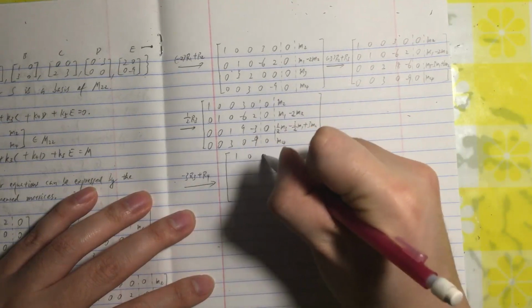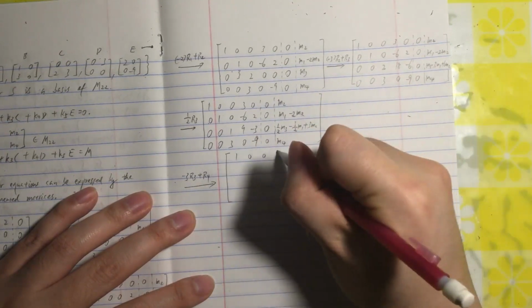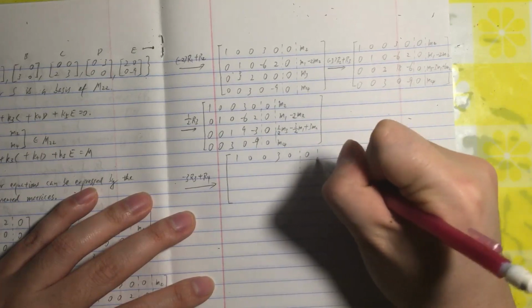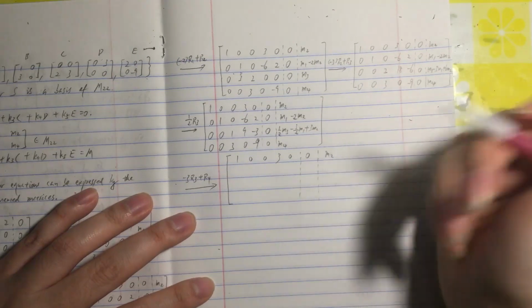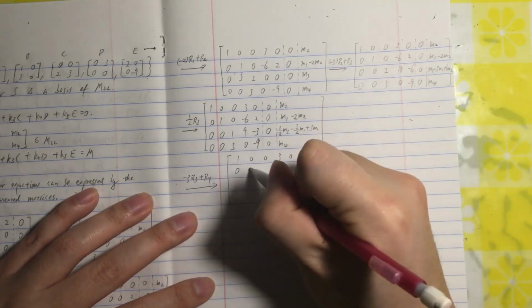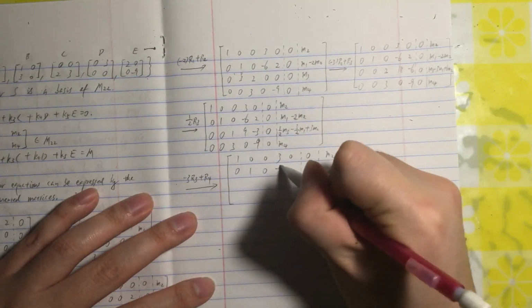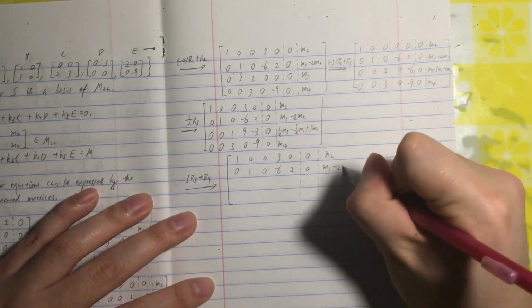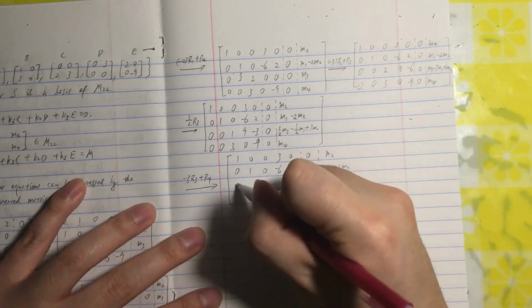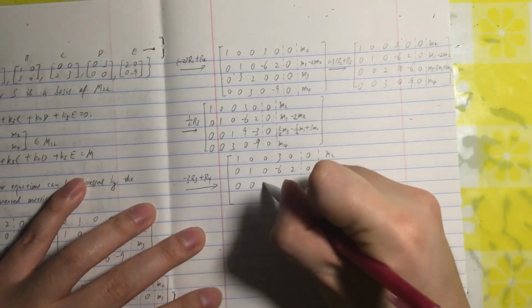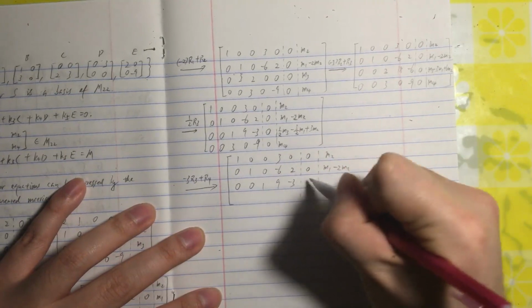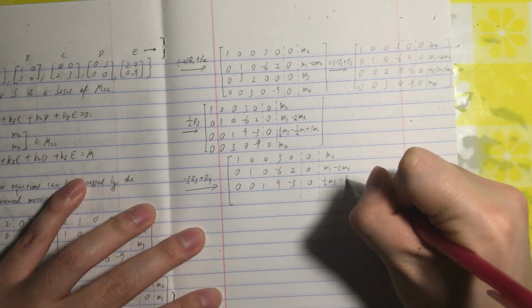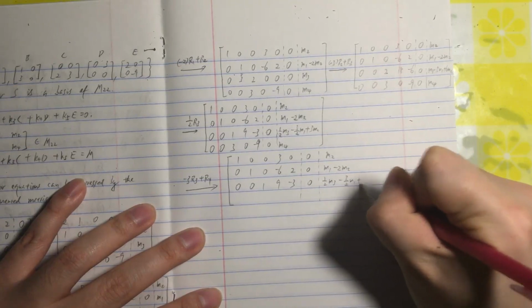I get 1, 0, 0, 3, 0, 0, M2. Leave second row the same: 0, 1, 0, -6, 2, 0, M1 minus 2 M2. Leave the third row the same. I get 0, 0, 1, 9, -3, 0, half of M3 minus 3/2 of M1 plus 3M2.